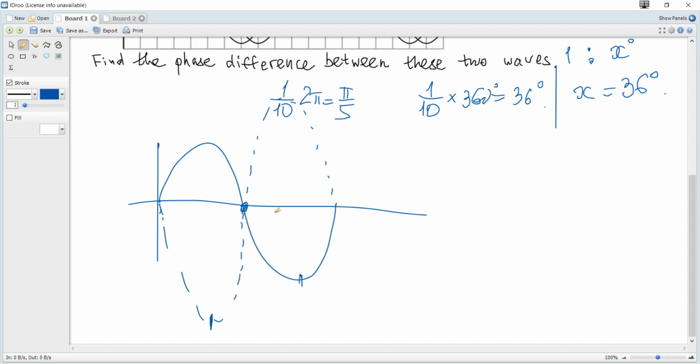If two waves look like this, we can see that the two waves are in phase, or the phase difference is 0.